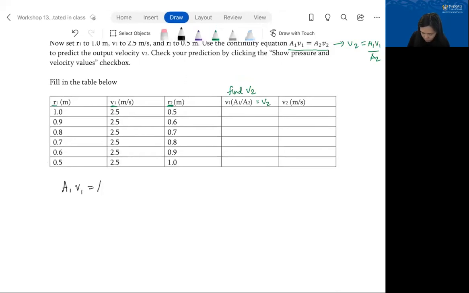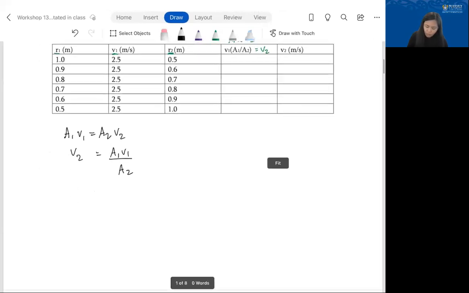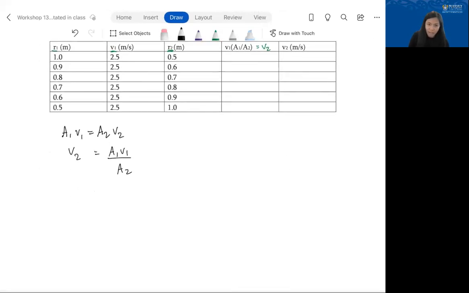A1 V1 is equal to A2 V2. V2 is equal to A1 V1 over A2. So instead of calculating the areas every time, you can expand the definition for area. So area is equal to pi r squared.